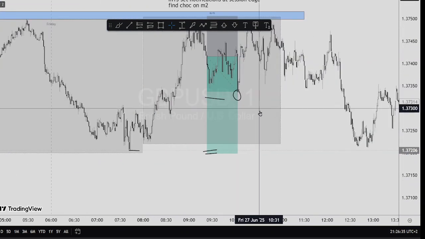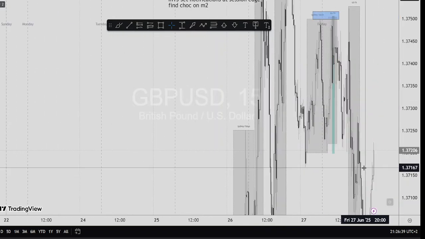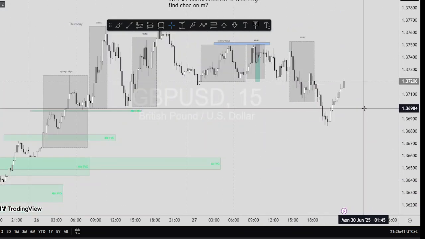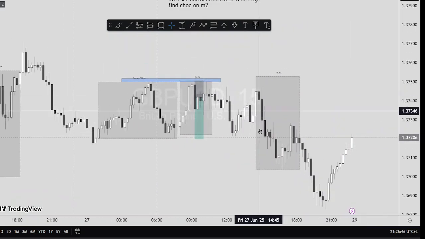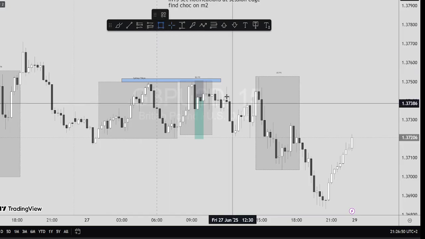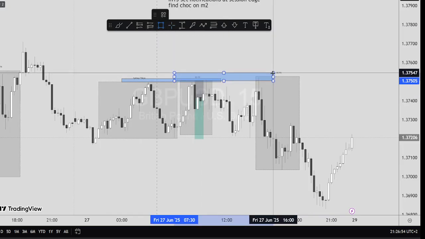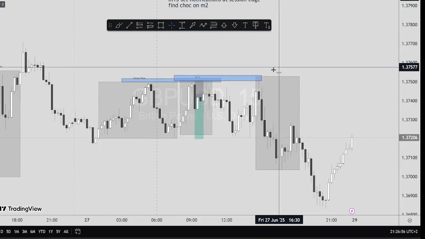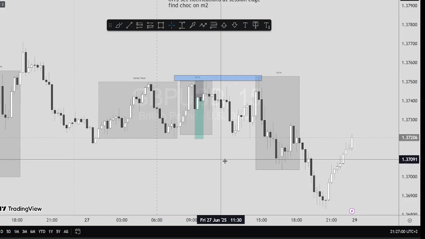And let's go on, because there was another variant as well, right? In the US session. US opens up here, US power, and this is the EU high. I'm just going to remove this box.